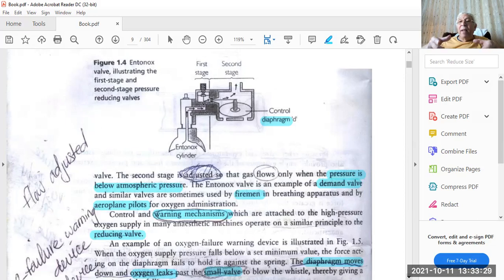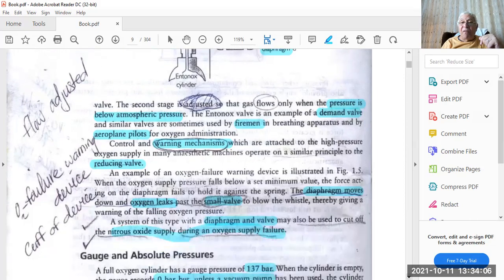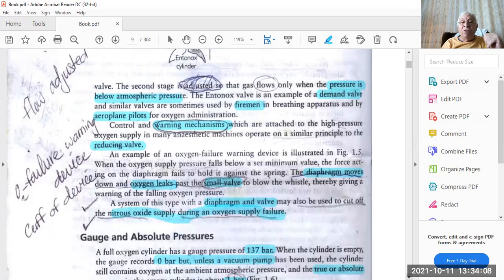As you can see, this diaphragm is attached to some sort of bulb acting on an opening also. So this opening is not opened unless the patient creates a negative pressure. When the patient creates negative pressure, this system opens, facilitating the passage of oxygen or whatever the Entonox is to the patient. It does not work unless the patient creates negative pressure. And this is the difference between the first and the second stage.